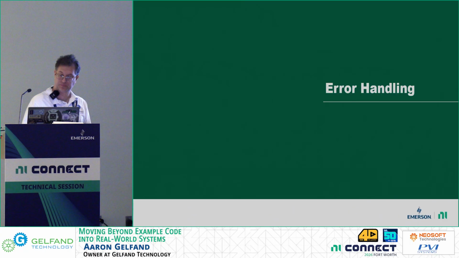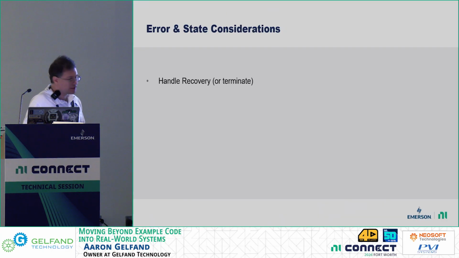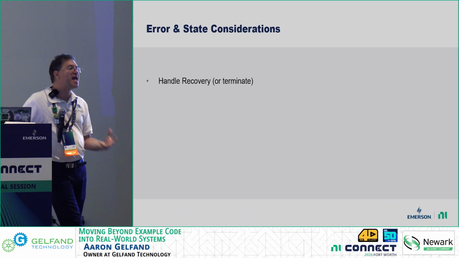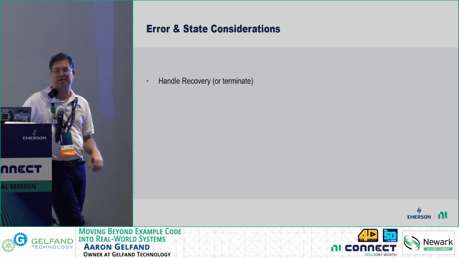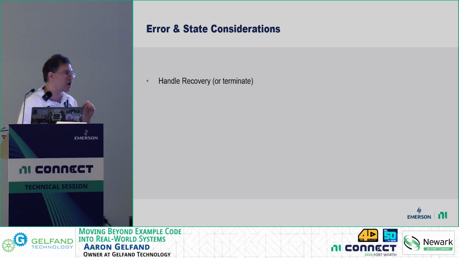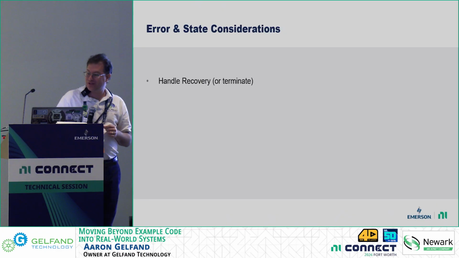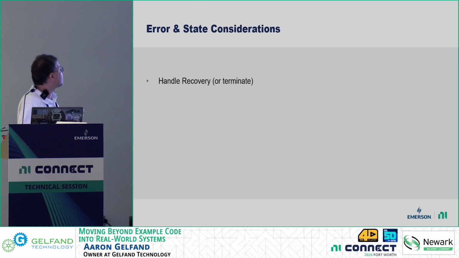Error handling. Error handling is a topic that could easily be a day for discussion items. So we are going to talk about a couple of things, but not, unfortunately, as much as I'd love. In error handling, there's generally a couple of approaches we can take.